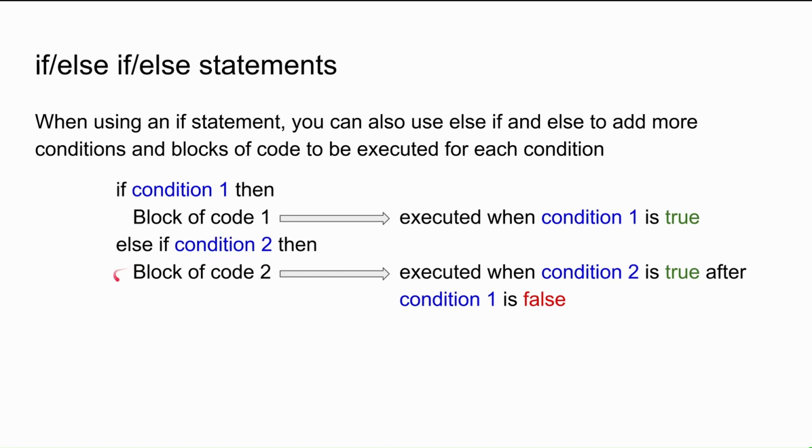So this block of code can only get executed when condition 2 is true, but condition 1 had to be false. And this happens because if condition 1 is true and this block of code 1 gets executed, when it's done doing this, the program will jump directly out of the if. So if condition 1 is true, we won't even check the else if condition.